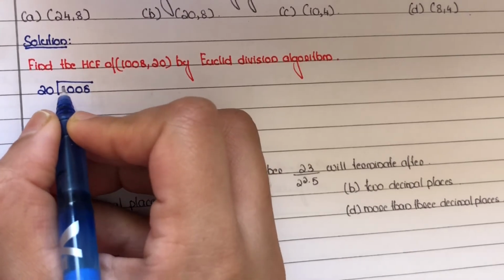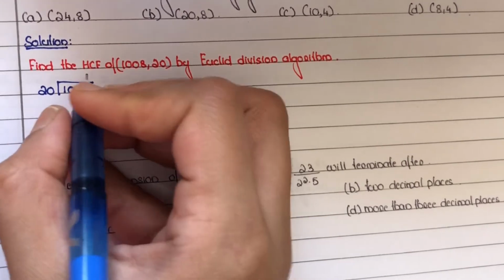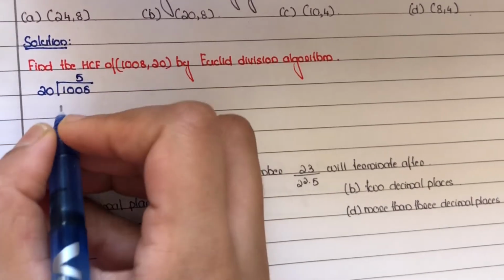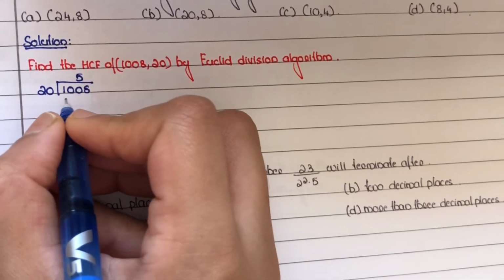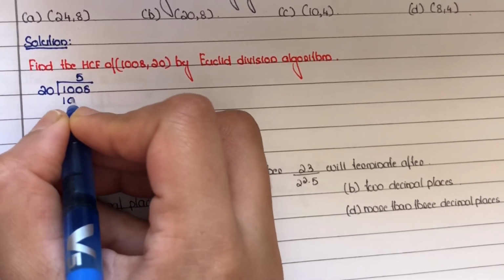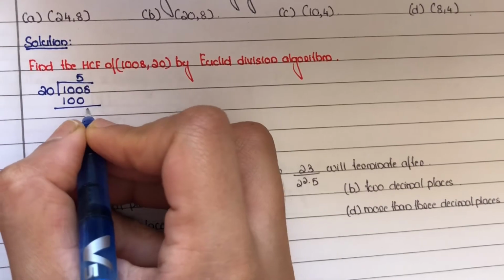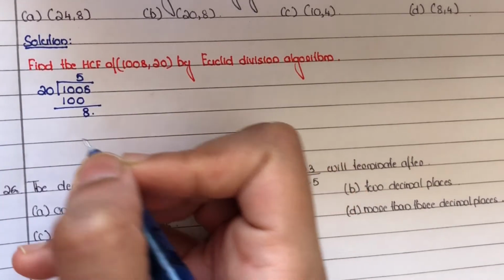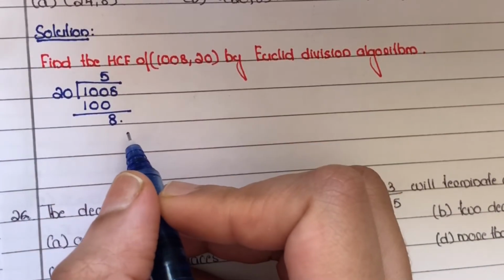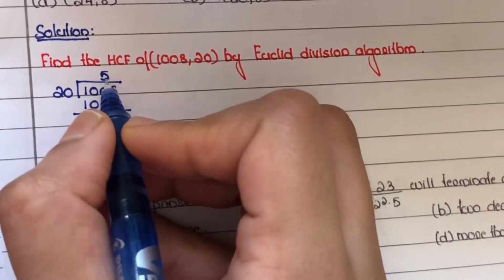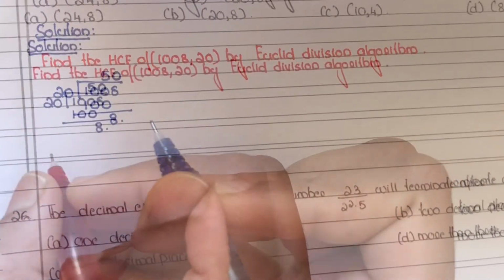Find the HCF of 1008, 20 by Euclid division algorithm. Divide 1008 by 20. 5 into 20 is 100, remainder 8. Okay, 8 is smaller than 20, right?